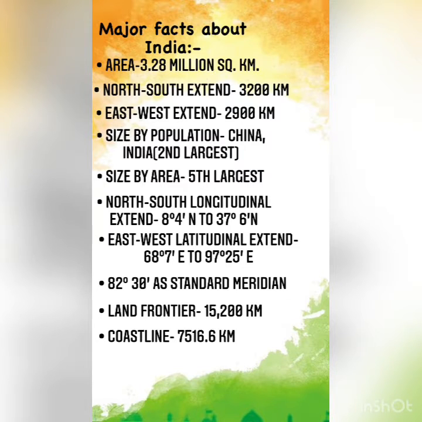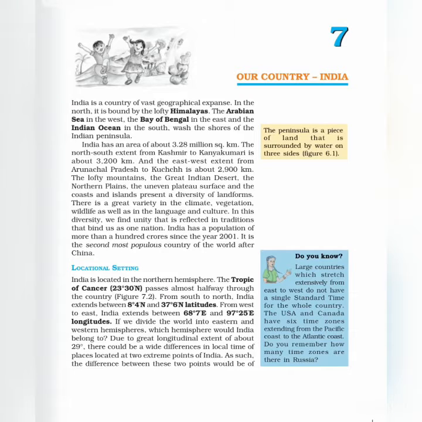It is 15,200 kilometers. Next and last is coastline. Means what is the length of the coastline border? It is 7,516.6 kilometers. So children, on this page the major facts about India has been explained, which I have already covered.